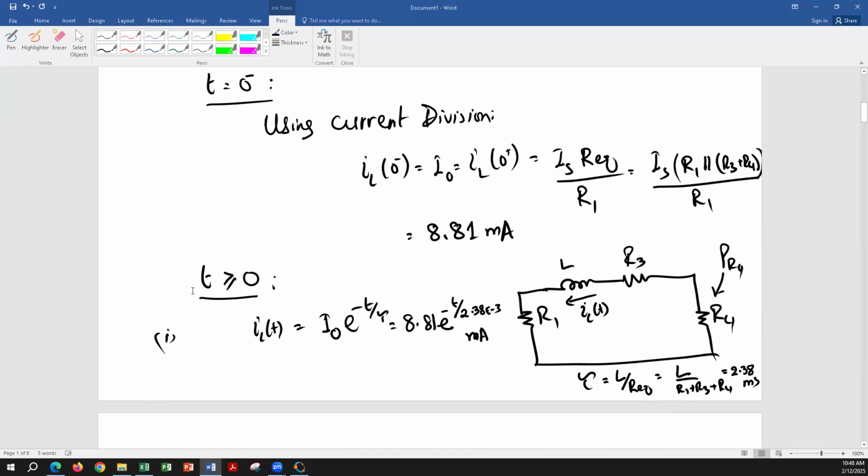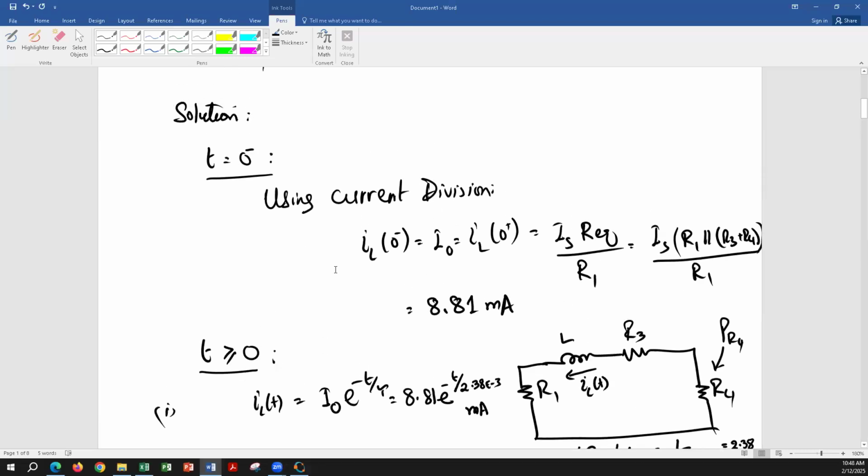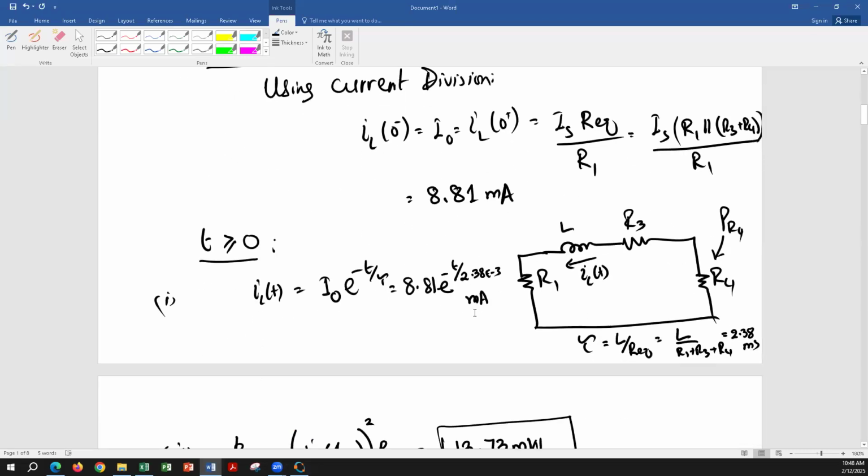So this equation is valid for time greater than 0. You can put any time greater than 0, and you will get the current at that instant of time. Well, that's what we've been doing.